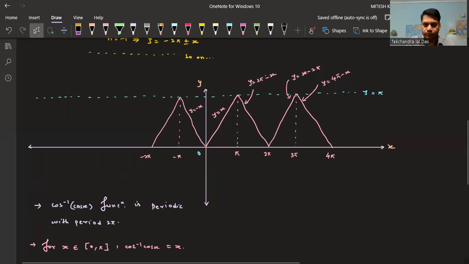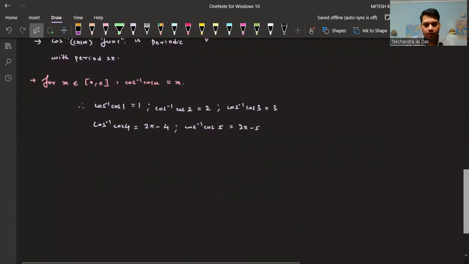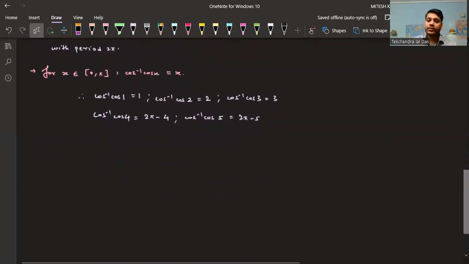Now our aim is to find the solution of that equation. To find the solution of that equation, we need to know the graphical solution of any functional equation.